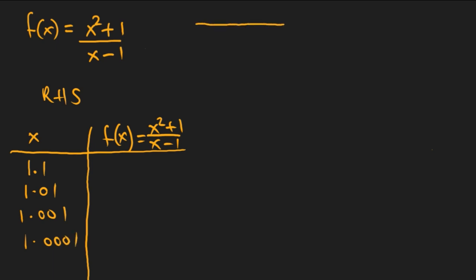If this is our line, so we have 0 here, and then we have 1, and then we are getting to 1 from the right hand side. This is what we mean. So it means that the value should be greater than 1, because we are approaching 1 from the right hand side. That's how come we have 1.1, 1.01, 1.001, 1.0001. We are going to substitute these values of x into this function.